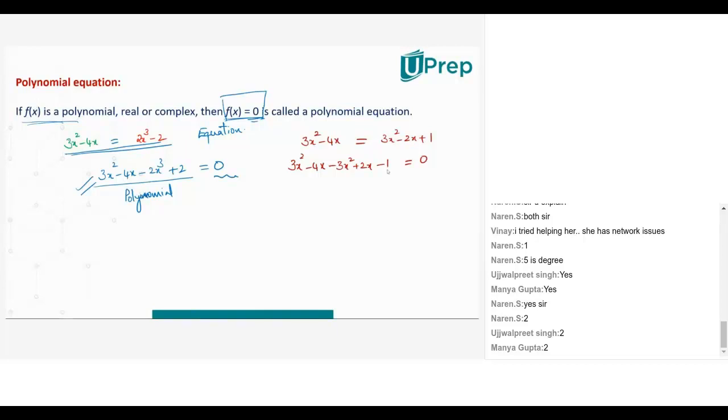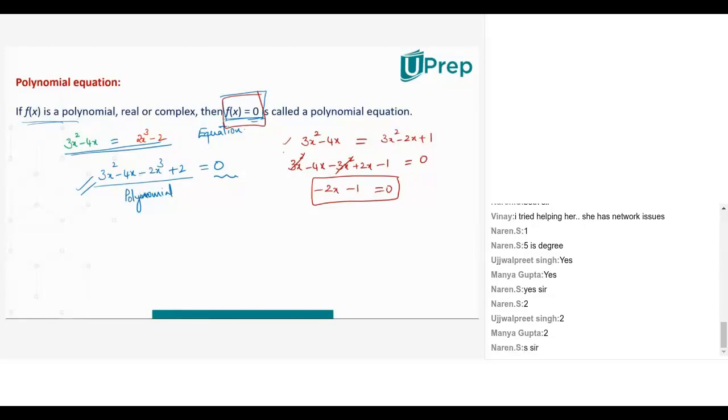Is this in the standard form of a polynomial equation? The same equation, when simplified or converted to the standard form, has come down to minus 2x minus 1 equal to 0. Now tell me what is the degree of it. Is it still 2 or is it 1?